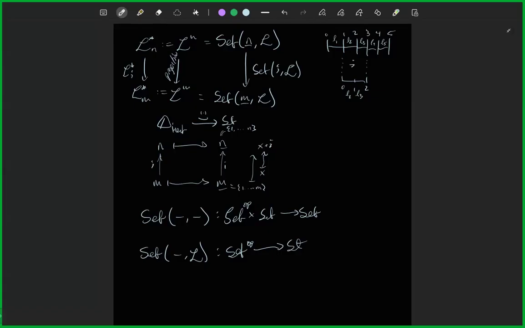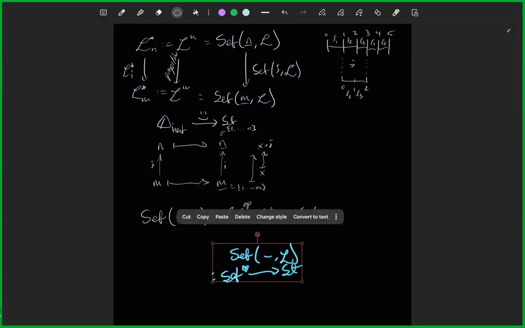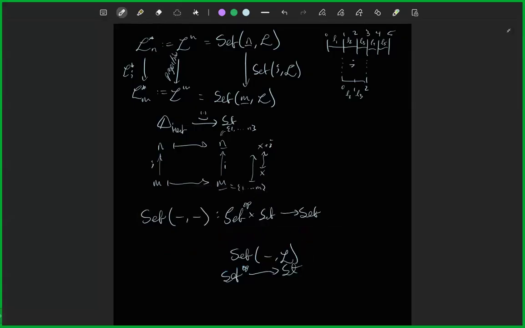And then what we did was we filled that hole in by this underline functor, although op.